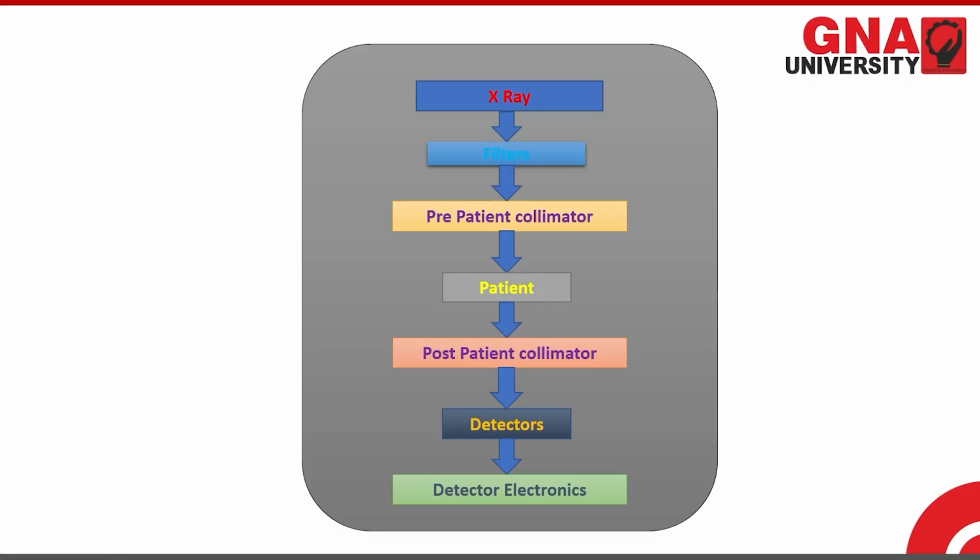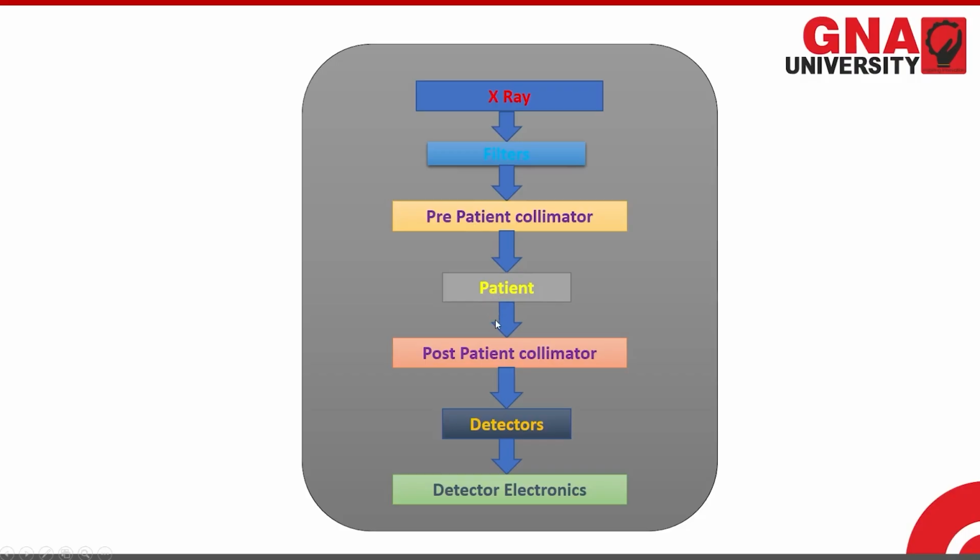Remember, in CT instrumentation, we have two types of collimators. One is known as the pre-patient collimator, the other is known as the post-patient collimator or pre-detector collimator, as you are able to see here. After the X-ray is produced from the X-ray tube, it goes through the filters, then it is shaped according to the slice thickness by the pre-patient collimator, then it goes into the body of the patient.